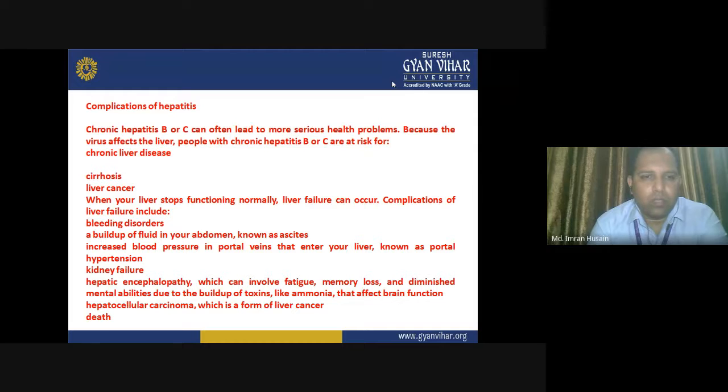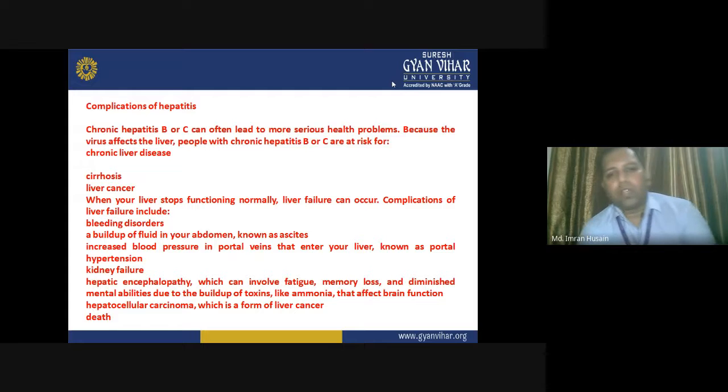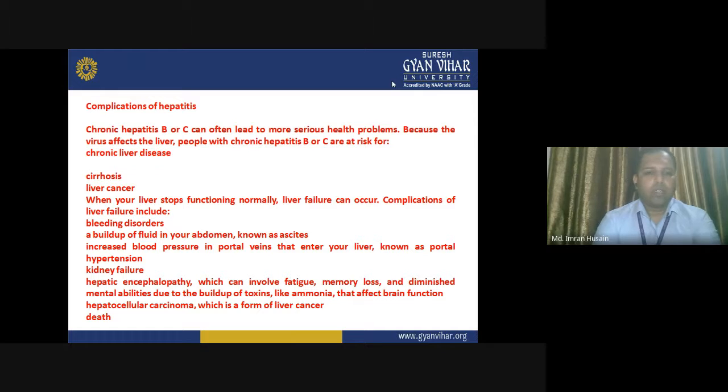Complications of liver failure include bleeding disorders, building up of fluid in your abdomen, known as ascites, increased blood pressure in the veins that enter your liver, known as portal hypertension, kidney failure, hepatic encephalopathy, which can involve fatigue, memory loss, diminished mental abilities due to building up of toxins like ammonia that affect brain functions, hepatocellular carcinoma, which is a form of liver cancer, and also death in many cases.